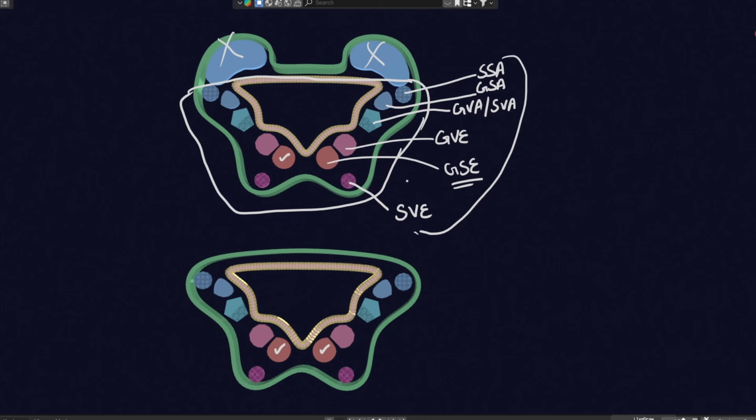So let's go to another 3D model where there will be no rhombic lip, and we will see these nuclei one by one, and further development of pons will be taken up on that 3D model.